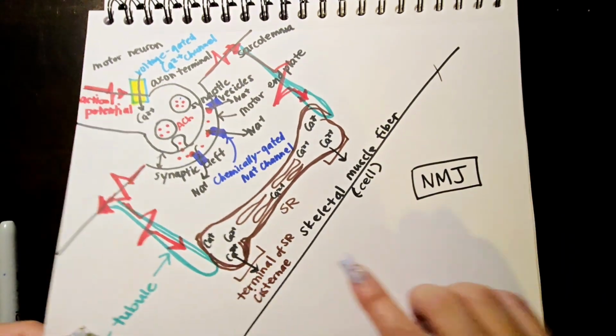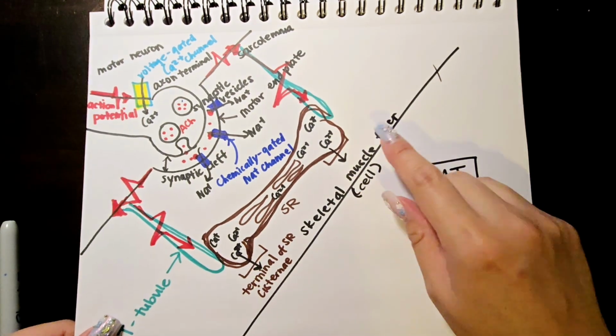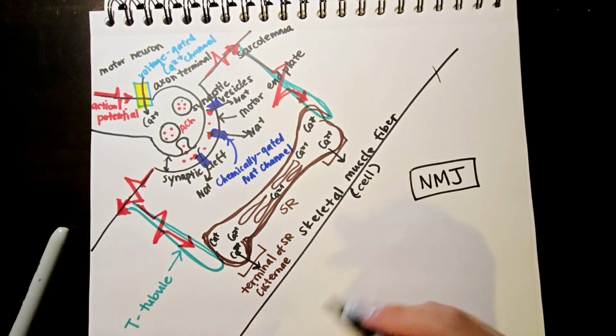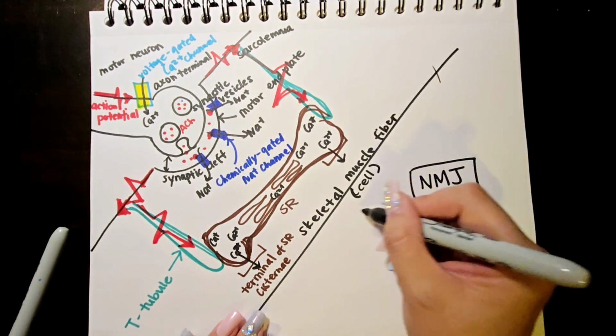So once calcium ion is released into the sarcoplasm, what's going to happen is I'm going to draw it on the side here versus on another page. That way we know it's all connected.